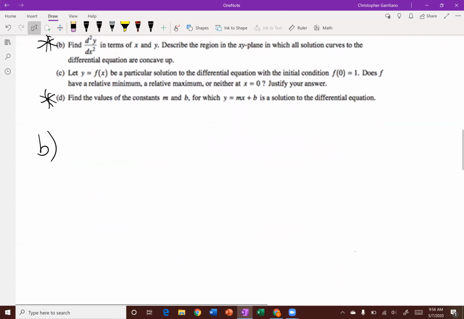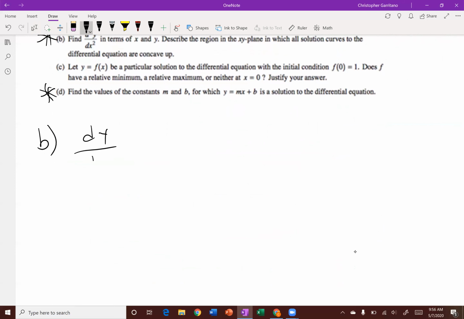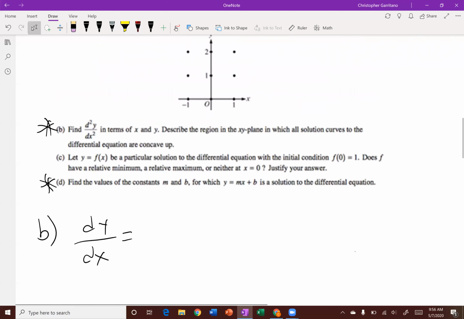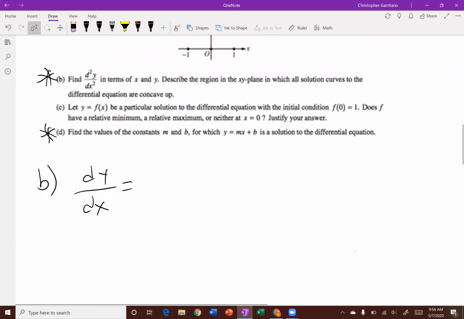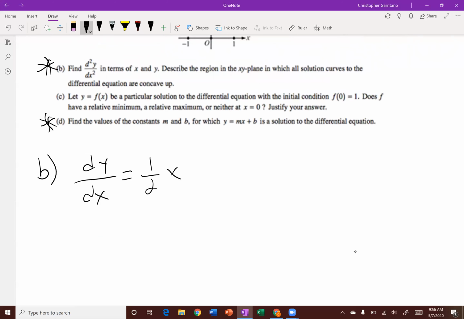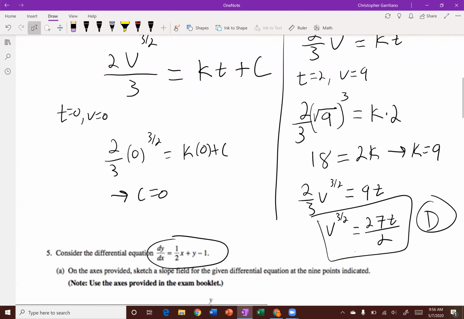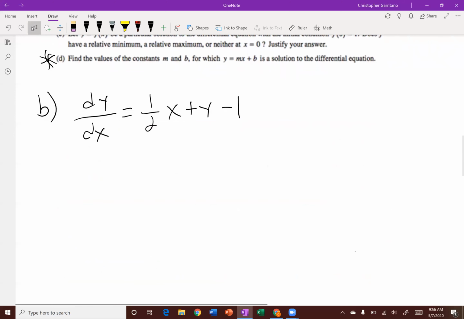So dy dx is equal to 1/2 x plus y minus 1. All right, good. Now to differentiate, I'm going to apply d dx, the derivative operation, to both sides.